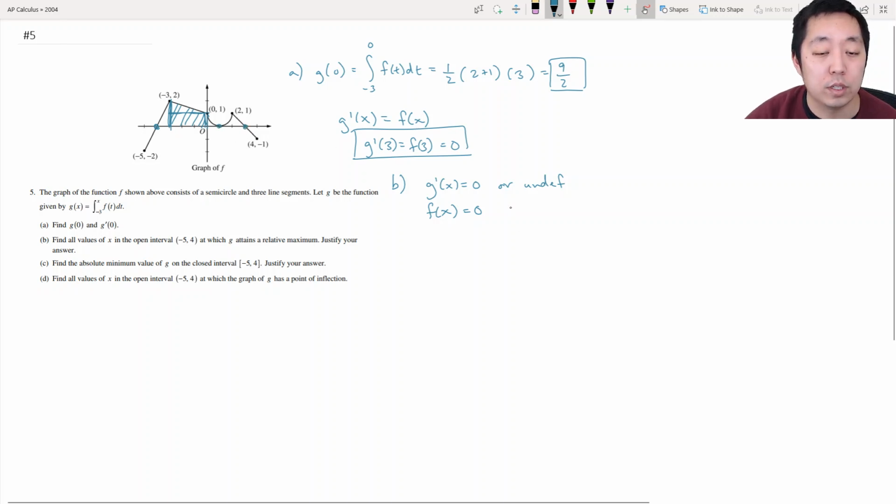So these are the critical numbers. The critical numbers are x equals -5, 1, and 3, right? Now, a relative maximum occurs when g prime changes sign. So remember, what we need to do is construct a table of intervals.